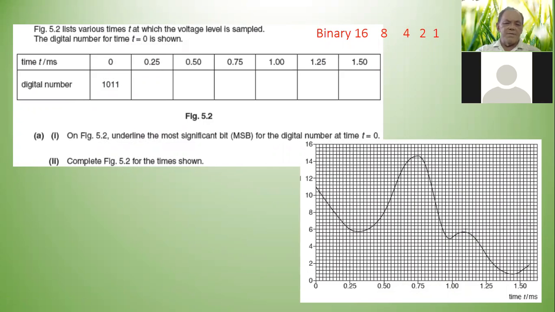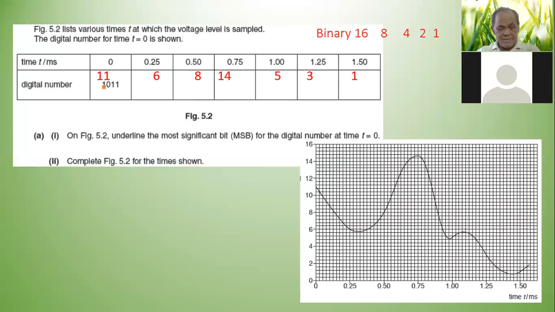On figure 5.2, underline the most significant bit of the digital number at t equals 0. Most significant is just this one, the 1 here. Just underline it. Then complete. We have done that.